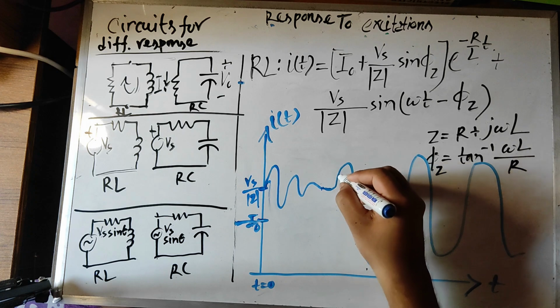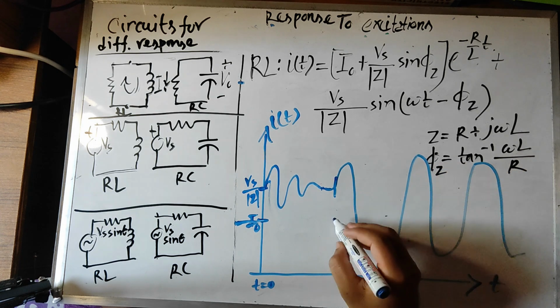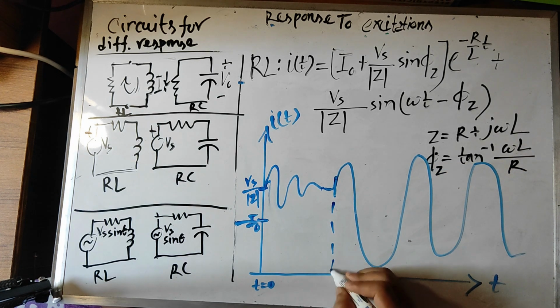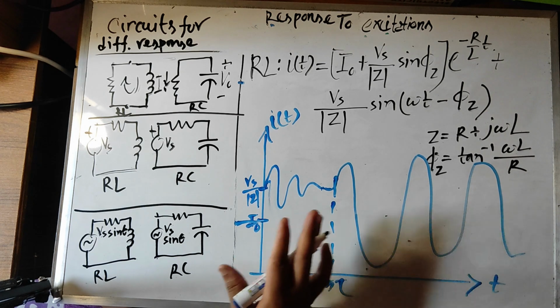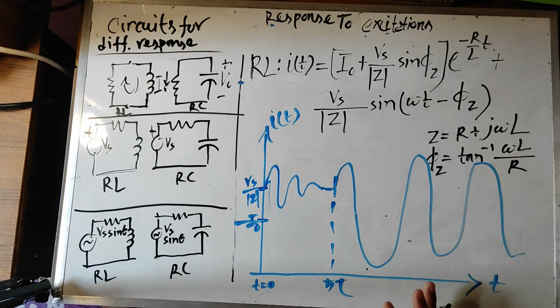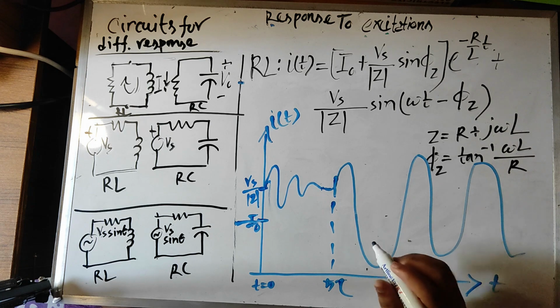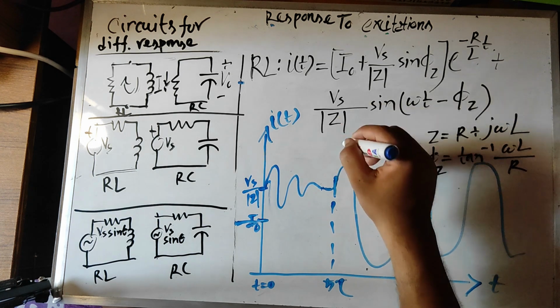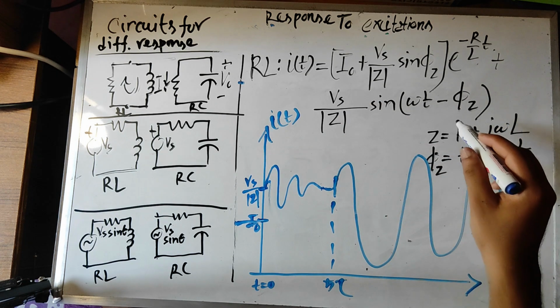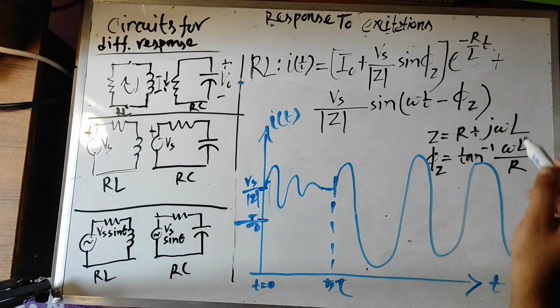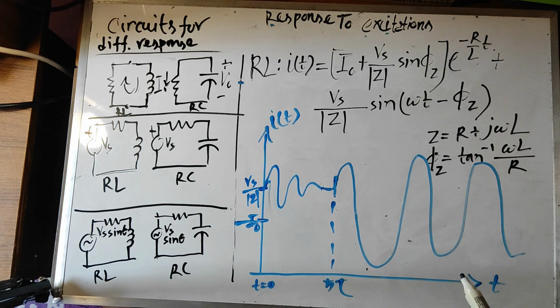Say this is the 5 tau, it will decay out, leaving only the steady state part, which is Vs by z sine omega t minus phi z. There is a phase shift.